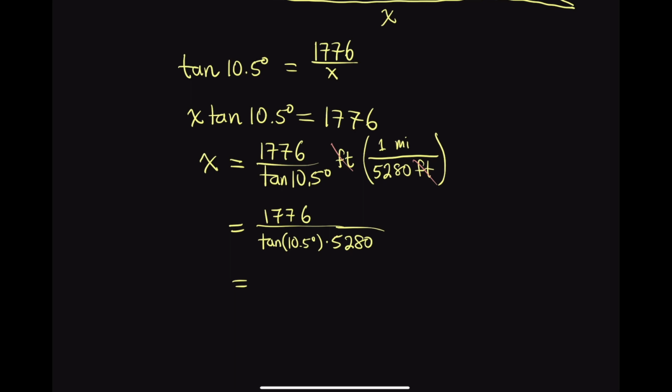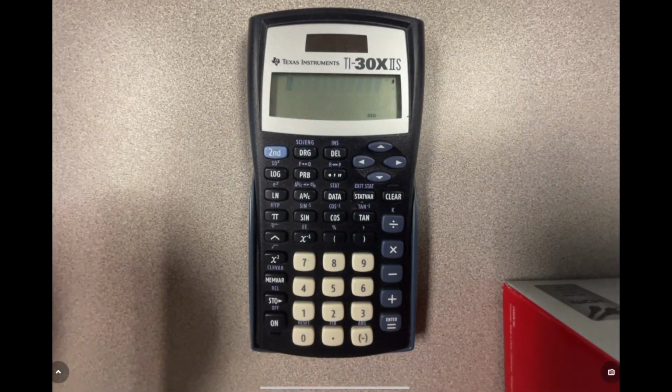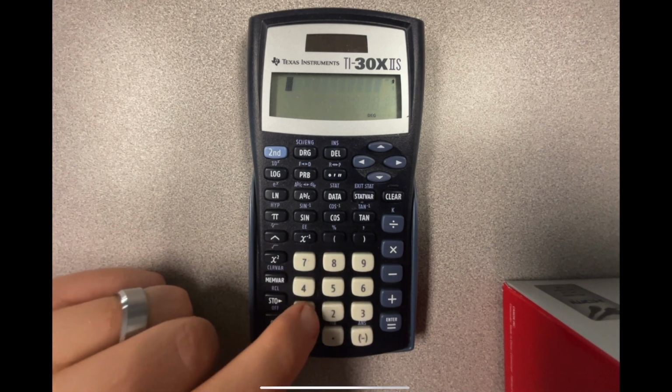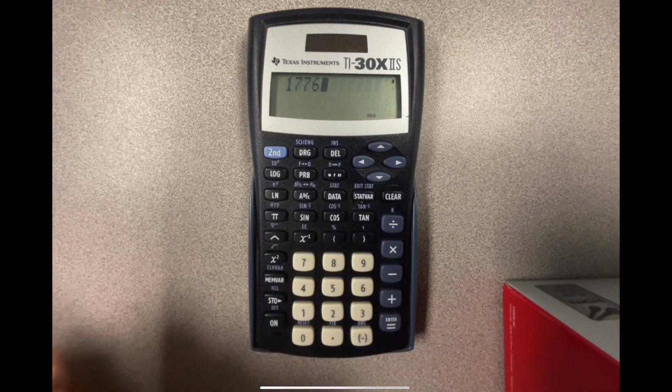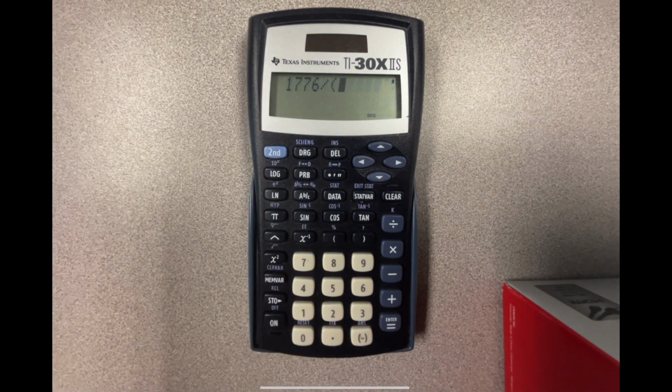Okay, so let's go to the calculator and do that since this one's a little bit more complicated. In order to put this one correctly in our calculator, we need to make sure that everything that's supposed to be in the denominator ends up in the denominator. So I had 1776, and I'm dividing by everything else. I'm going to open a set of parentheses.